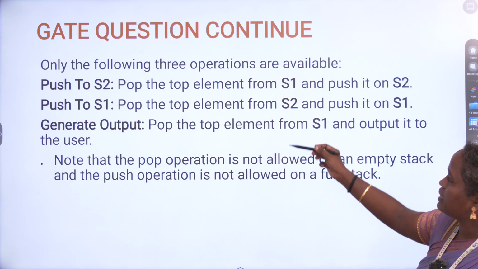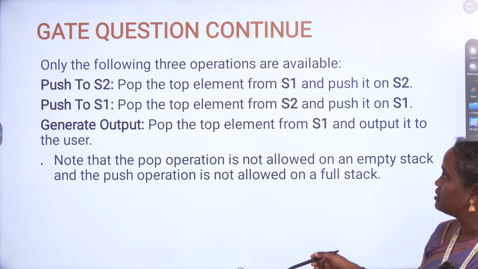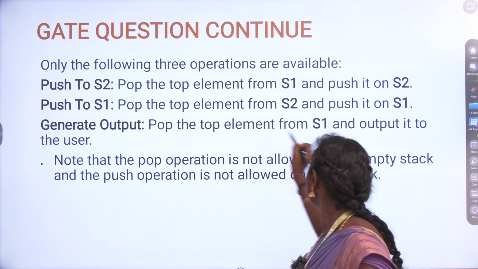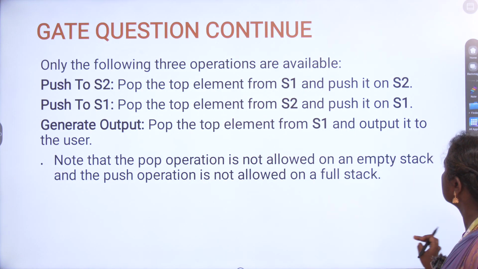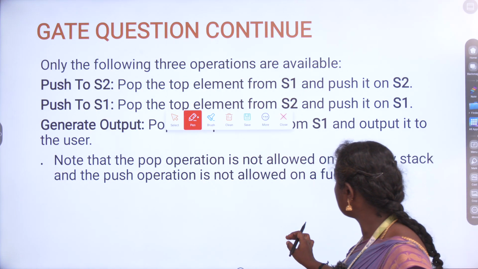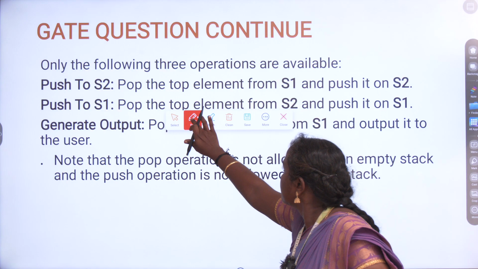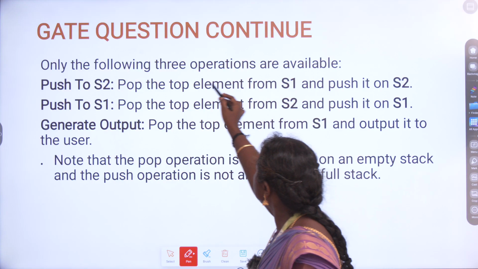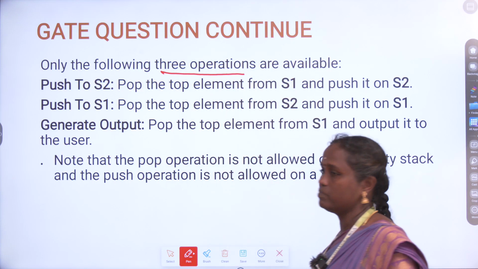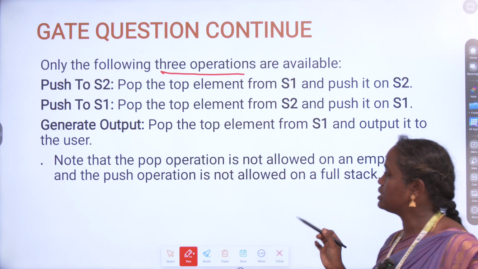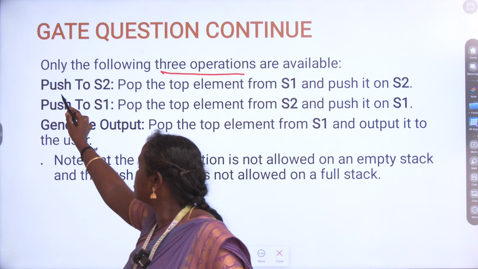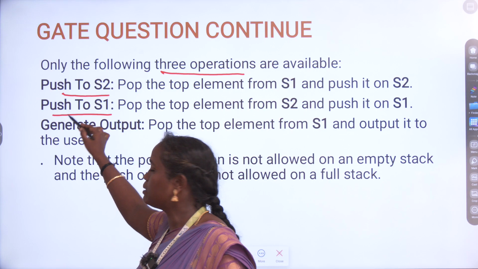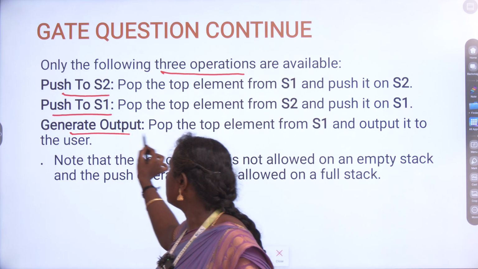In addition, they have given that only the following 3 operations can be performed on the stack. So what are the operations? We can push to the stack S2, we can push to S1, and we have to generate the output.